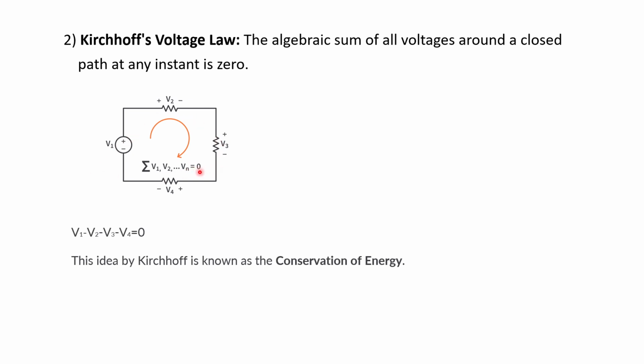So in this particular circuit, if we apply Kirchhoff's voltage law, we have to know some basics. If we see a battery or a voltage source between terminal A and B, you can connect a battery between terminal A and B like this: A connected to the positive terminal and B connected to the negative terminal, or you can connect like this: A connected to the negative terminal and B connected to the positive terminal.